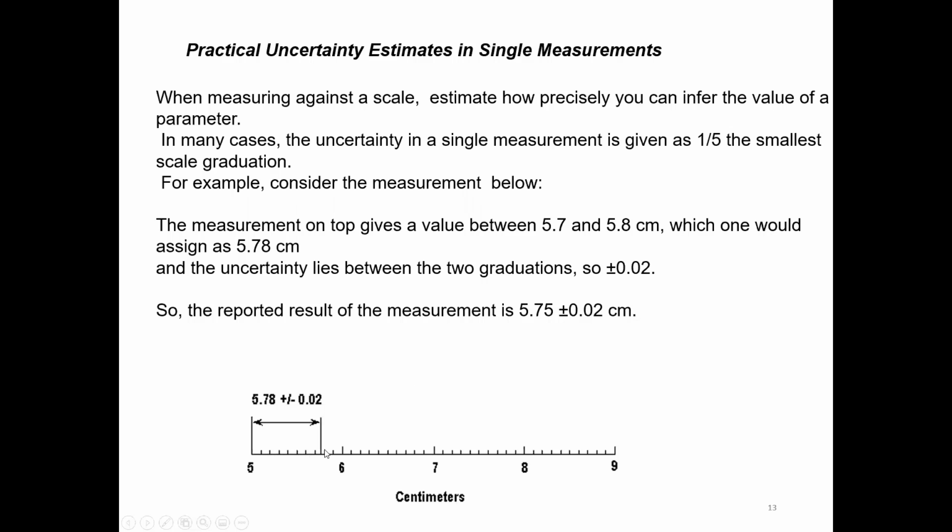The smallest scale here is 0.1, and the estimate will use 1/5 of the smallest scale, which is 0.02. So in this measurement, you write the result as 5.71 and give an estimate of the error of plus or minus 0.02. That's how we report the uncertainty in a single measurement.